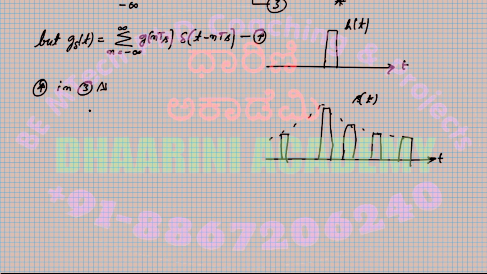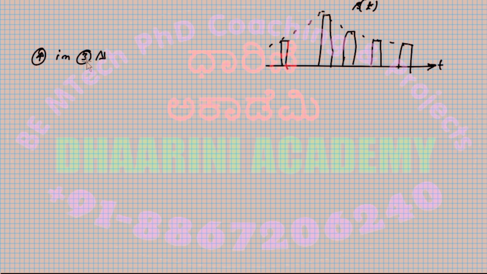So when I put 4 in 3, I'll slightly move down because there is less space here. Equation 4 in 3 gives me this equation. On the left hand side, I still have g delta of t convolution with h of t. On the right hand side, there is an integration already existing, minus infinity to plus infinity.